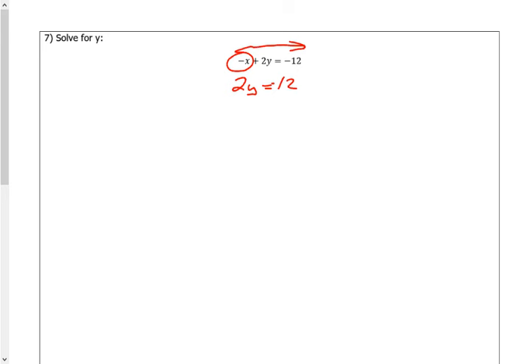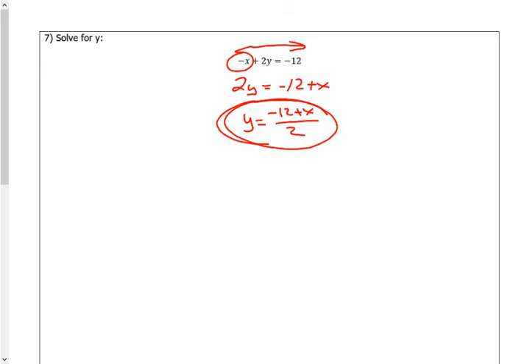Make that a little more clear. And then divide both sides by 2. And there it is. Because there's more than one variable, we're actually just rearranging terms. This is called a literal equation.